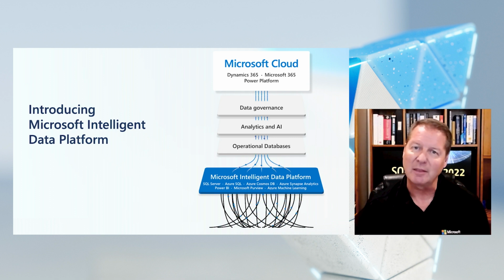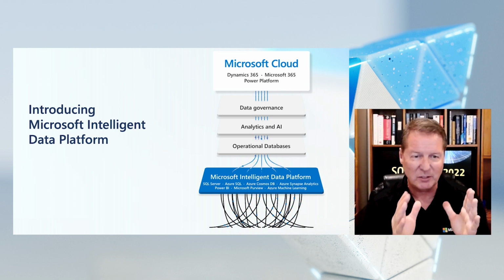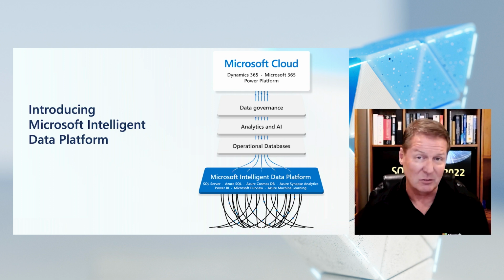It deals with how you have operational data integrated with analytics and AI, all governed by a common security platform. So when we say intelligent data platform, what we mean is a platform for data to be integrated in a way that's intelligent, allows you to make decisions very quickly, and modernize your business and your applications.